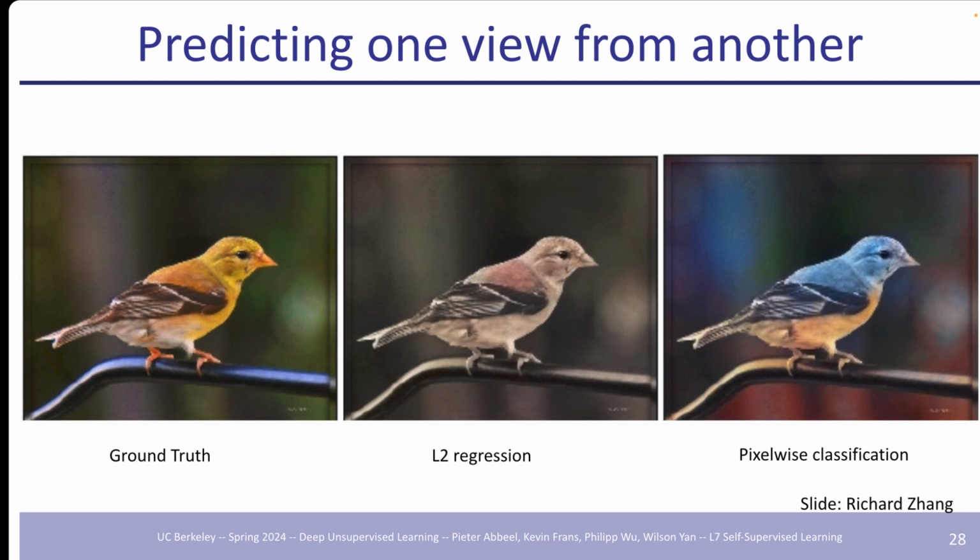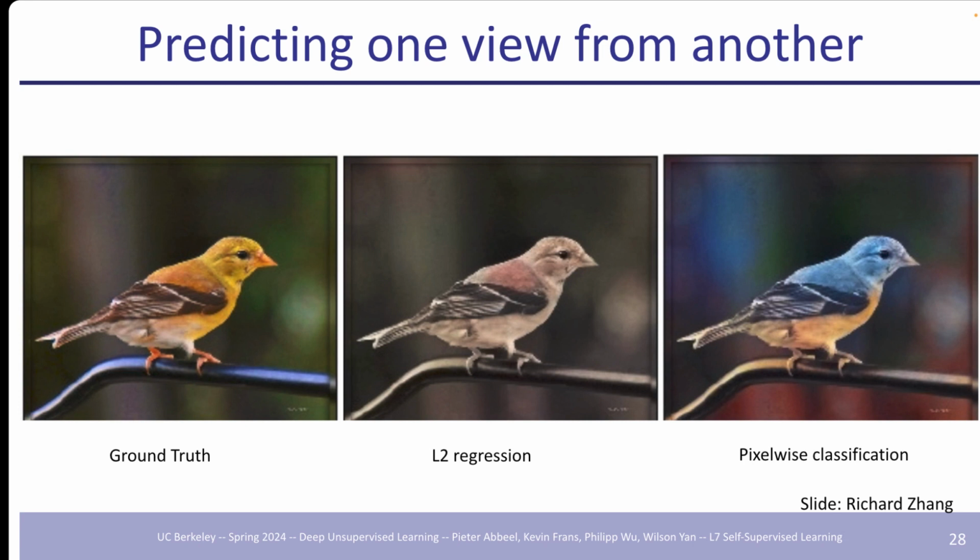So if your training examples are such that really there's a multimodal prediction that might be needed to cover the distribution of outcomes, L2 is a bad fit. And with coloring, actually, it's often the case that there's multiple possible colors. The car could be blue or green or maybe red and so forth. And that's not always so easy to see from the grayscale image what color a car or a bird really is. So you get something in between. Brownish birds come out all the time.